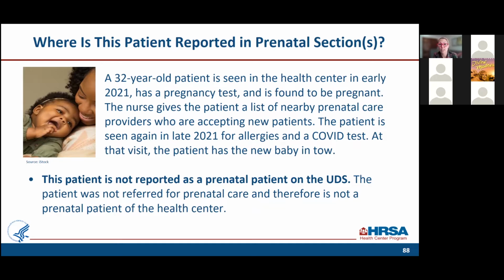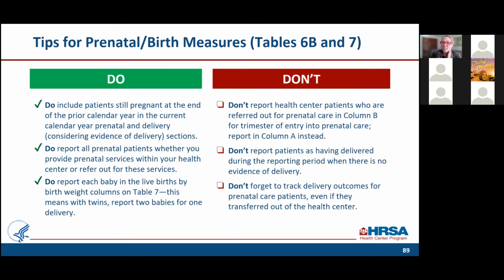So they would not be a prenatal patient, and they would not be reported in the prenatal section of 6B, nor would a delivery or birth weight be reported in table 7 for this pregnancy and baby. This is just trying to call attention to a couple of scenarios that could happen and connect them to those tables. So, some do's and don'ts regarding the prenatal and birth measures tables.